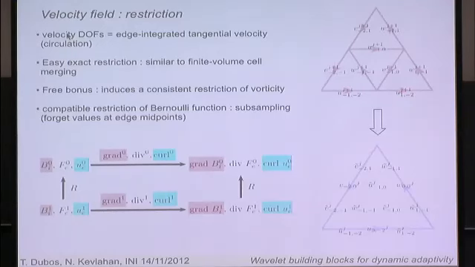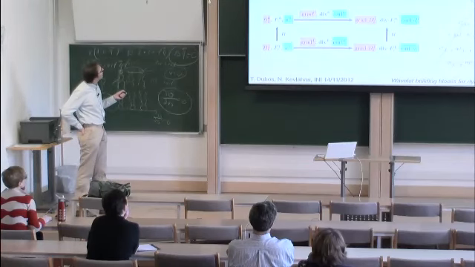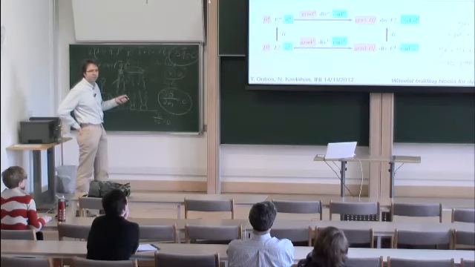If I compute the curl on my coarse grid, then it is the sum of the curls computed on my fine grid. Okay, so I have a consistent vorticity field across scales in that case. And that's because here I'm in a situation which is similar to the AMR case for mass.